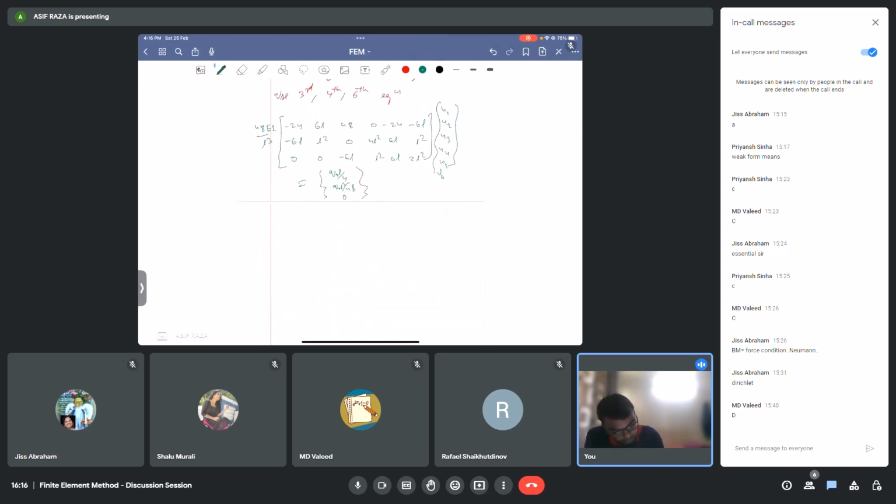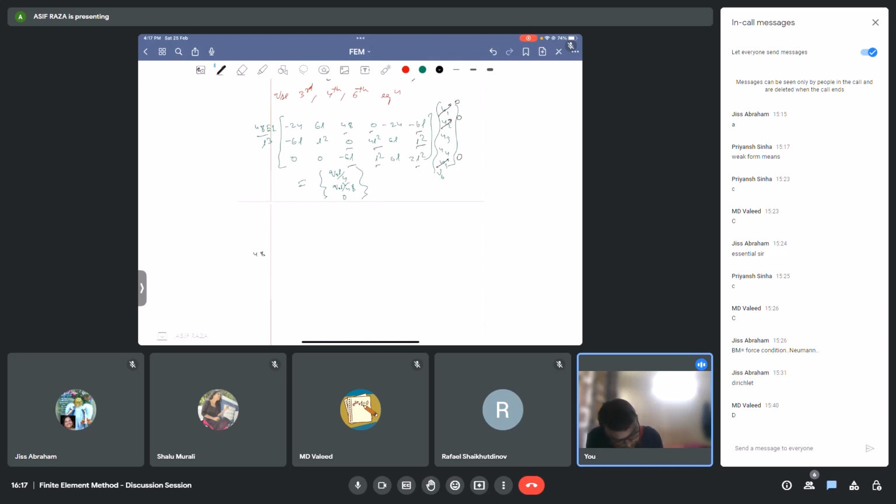So solving this, this is 0, this is 0 and this is 0, so we're left with these terms.